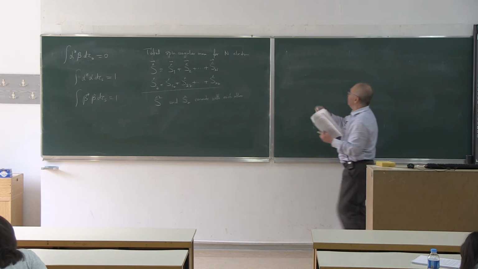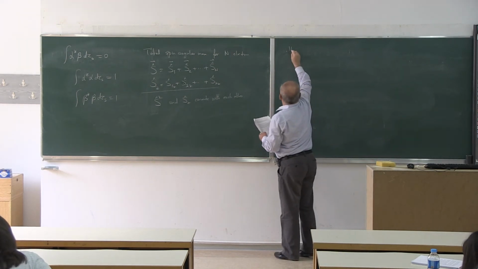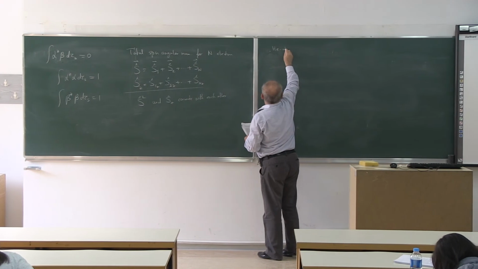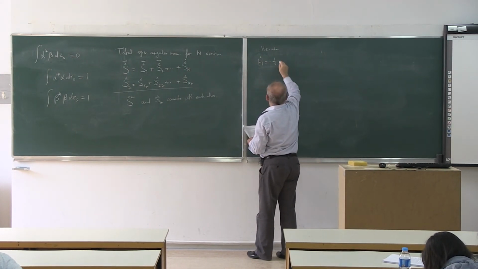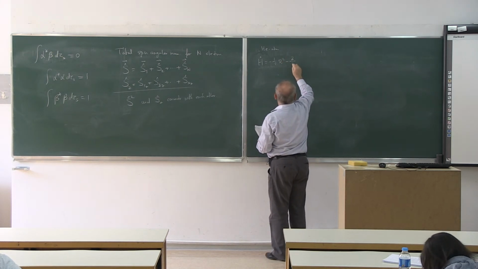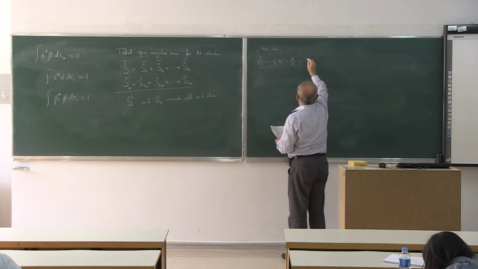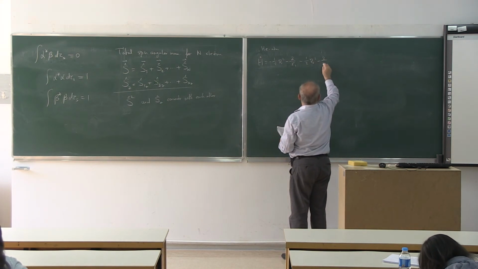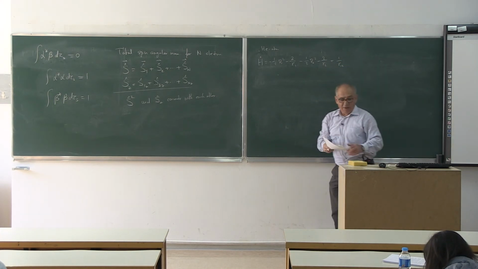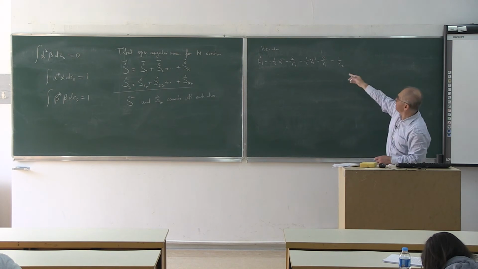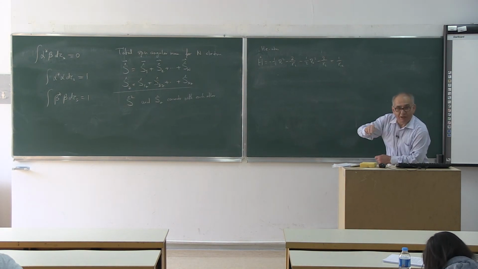For example, in helium, when you look at or examine this Hamiltonian, what kind of variables do you see here?